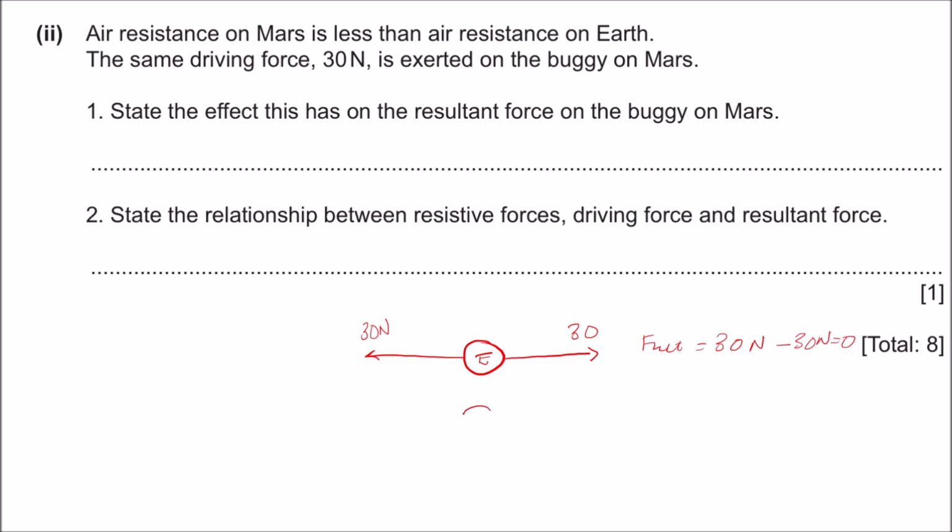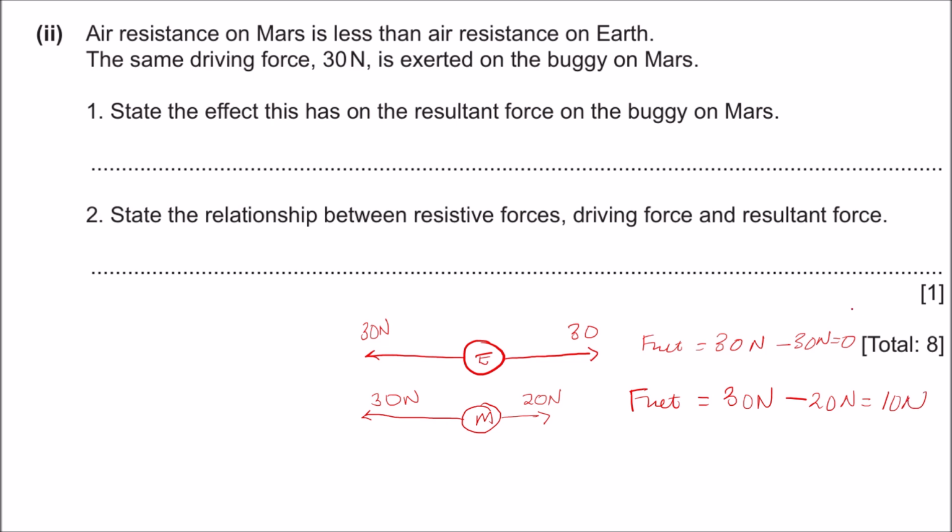Now, let's go to Mars. We expose it to the same driving force of 30 newtons, but the air resistance becomes less, meaning the opposing force is less. For argument's sake, I'm going to say it's 20 newtons. So what will be the net force in this particular case? The net force will be 30 newtons driving force minus 20 newtons opposing force to give us 10 newtons.